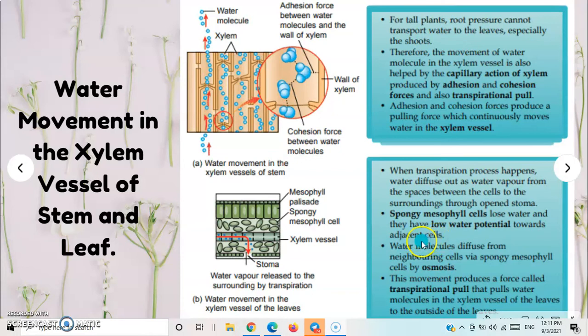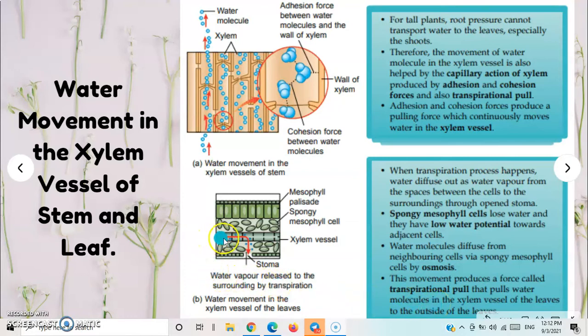Adjacent cell refers to the neighboring cell. Then water molecules diffuse from neighboring cells to the spongy mesophyll cells by osmosis. This movement produces a force called transpirational pull, that pulls water molecules in the xylem vessel of the leaf to the outside of the leaf. That is referred to the transpirational pull.